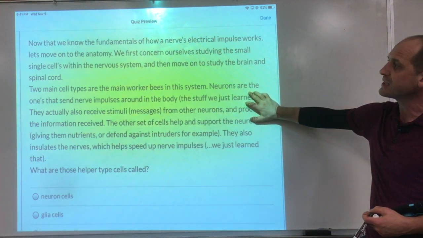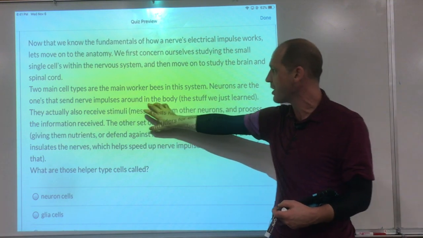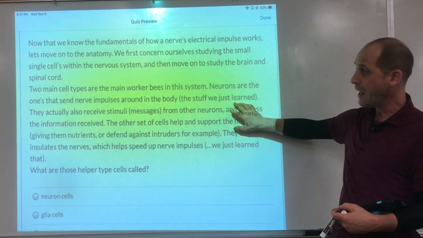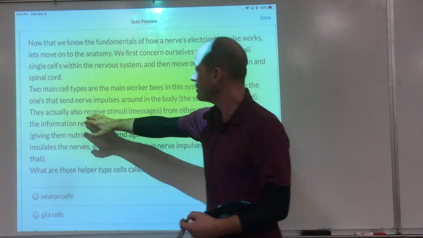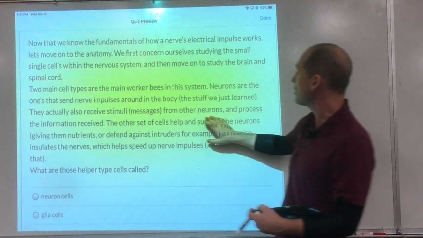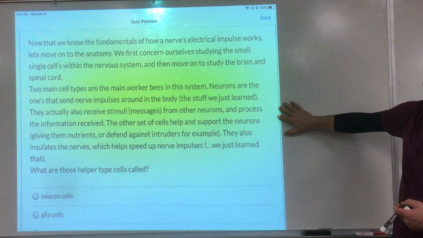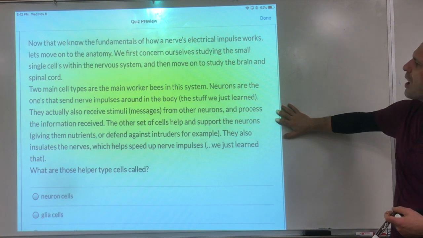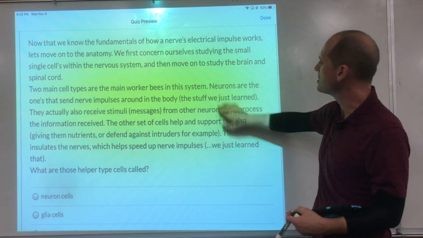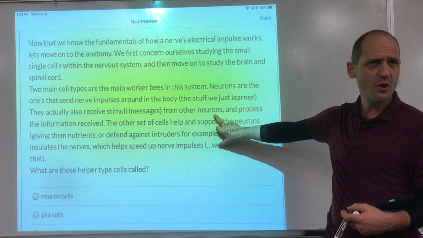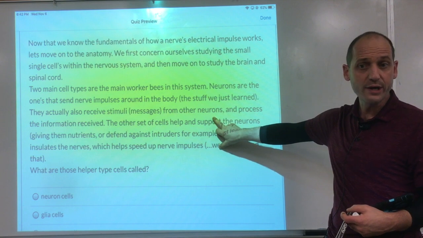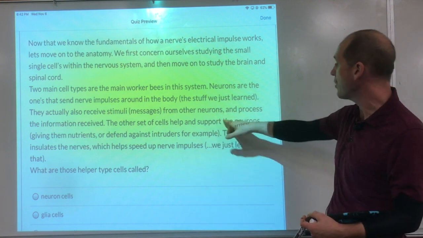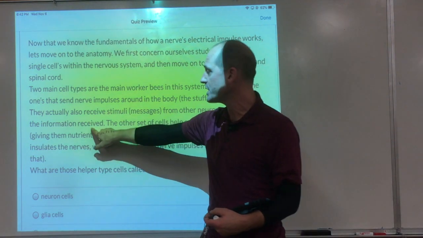Neurons are the ones that send electrical nerve impulses around the body. That's what we just learned. They also receive stimuli from other neurons and from outside the brain and spinal cord, and then they process the information that we received.